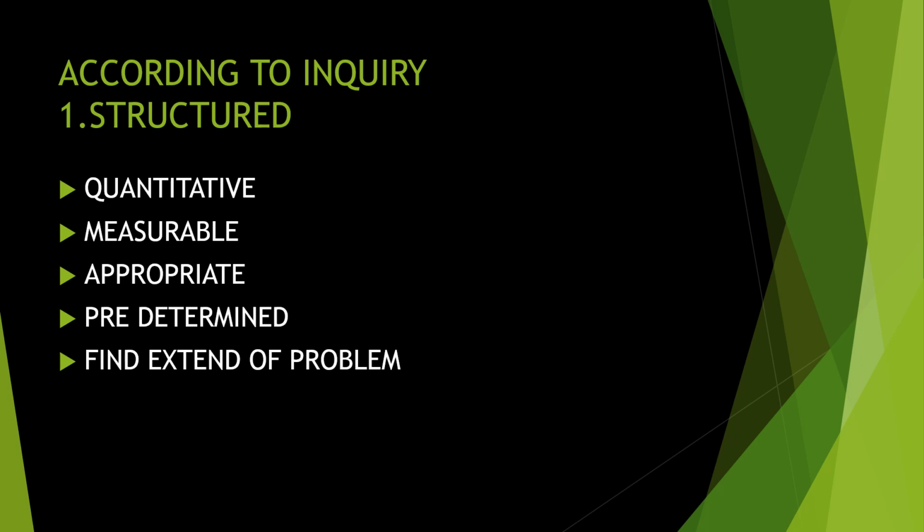Quantitative means we can measure it. Measurable means we are able to tell how many people have done this, how many students, how many boys. Like that we can give a clear-cut measurement about the research. Understood? That is what we call structured.